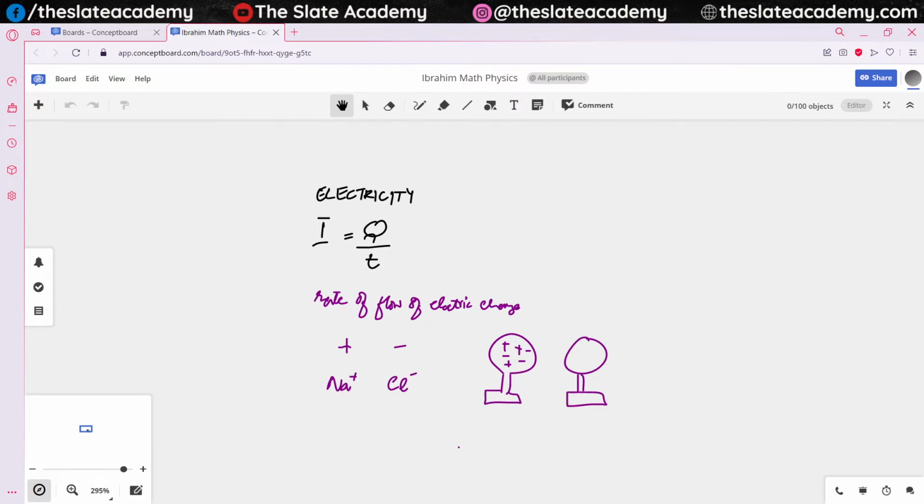Agreed? So if I bring the two balls together, all the positive charge would accumulate on one end.